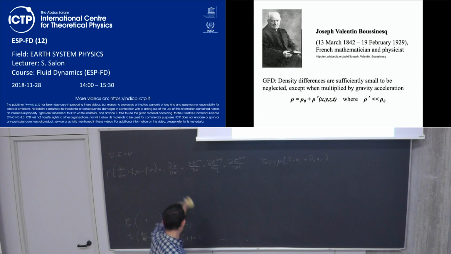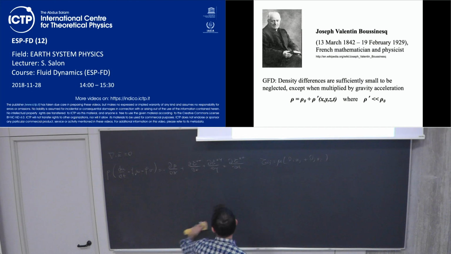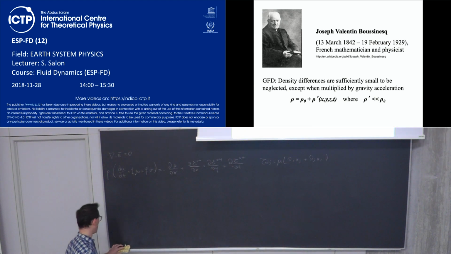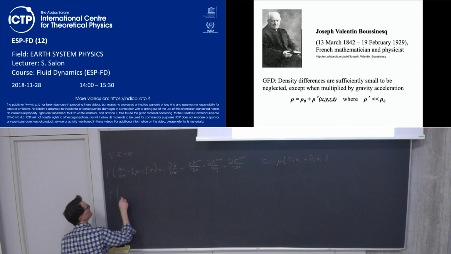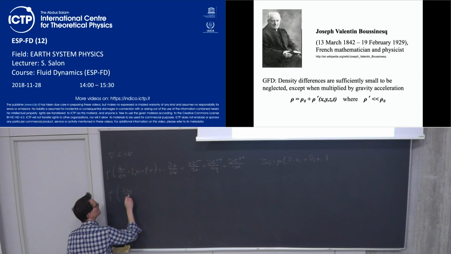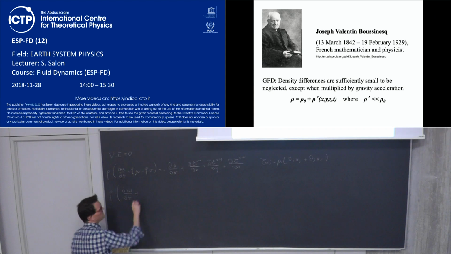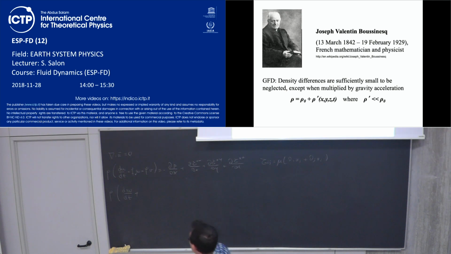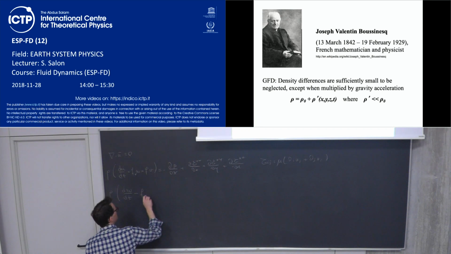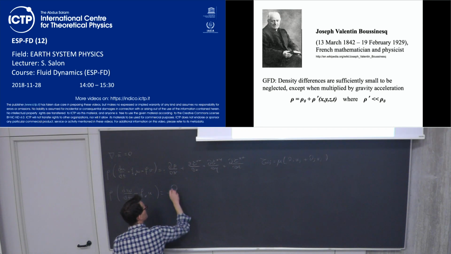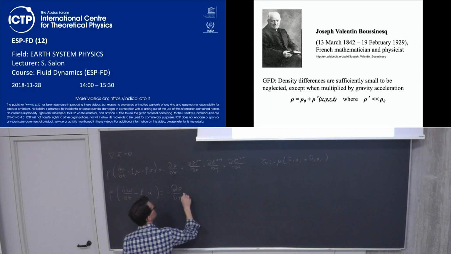So the z component of the momentum is not symmetric, not similar to u and v, because we have rho dw dt, then we have here plus f star u minus dt z.